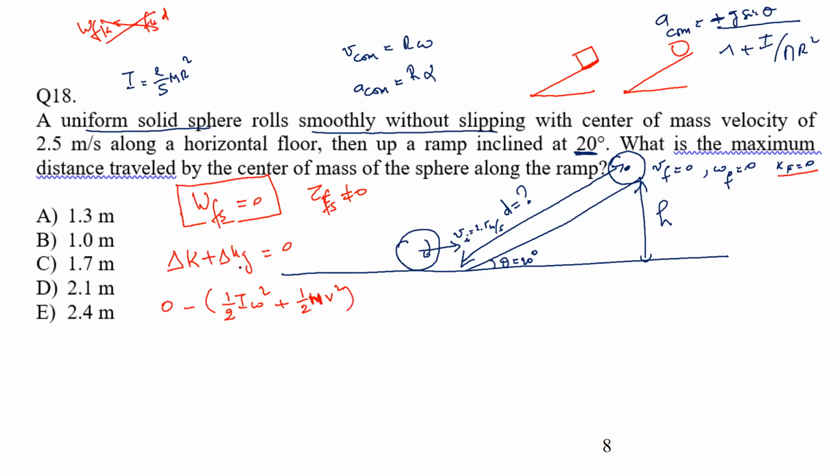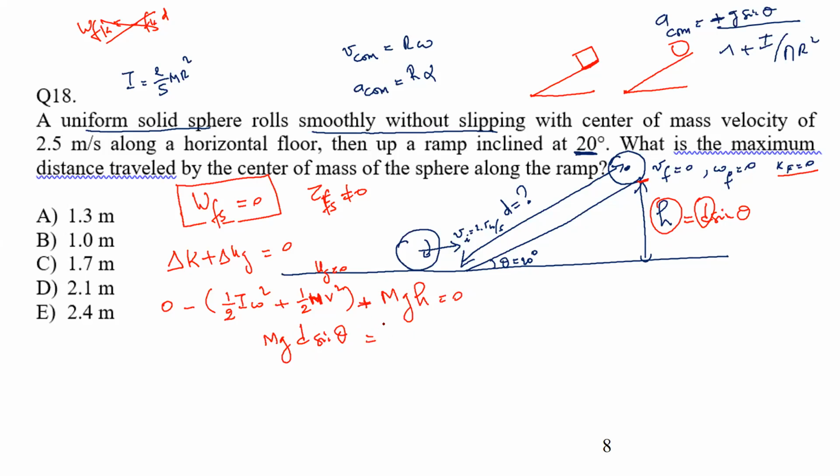Now, what is delta UG? If I take the ground as my reference, this is UG initial, and I end up here, so it will be UG final, which is MGH. So plus MGH, and this is equal to 0. By the way, H is equal to D sine theta, because I don't really want H, I want D. So I will have MG times D sine theta. I know everything here, only D is unknown.